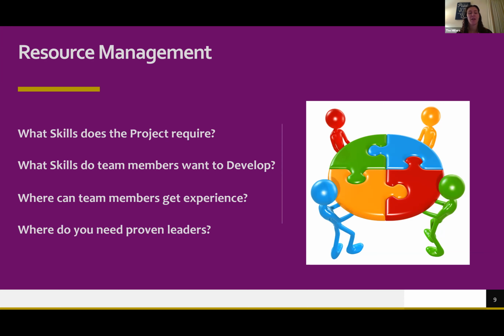They come to you. And so you need to be able to look at where you need proven leaders and to match people up. But at the same time, if you end up with someone in a role who isn't a proven leader, you are responsible for stepping in and helping that person, mentoring them, getting them connected with someone who's done the job before, connecting them to somebody in another chapter who's done that and that they can learn from, etc. So I mentioned that in my role, one of the things I do is remove those roadblocks and mitigate those risks.